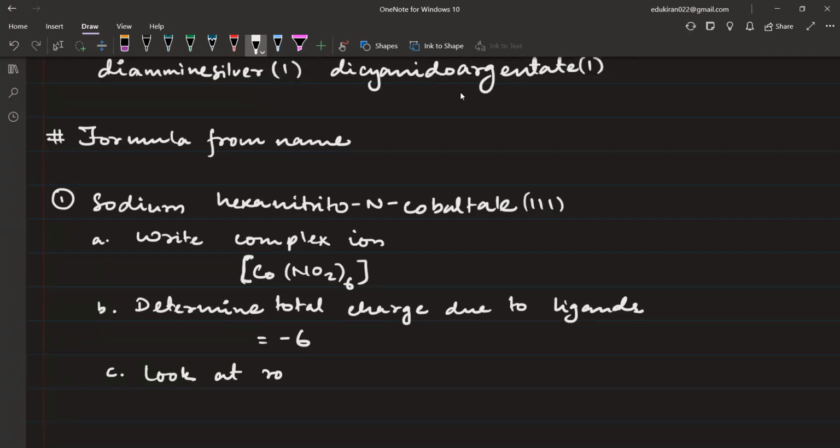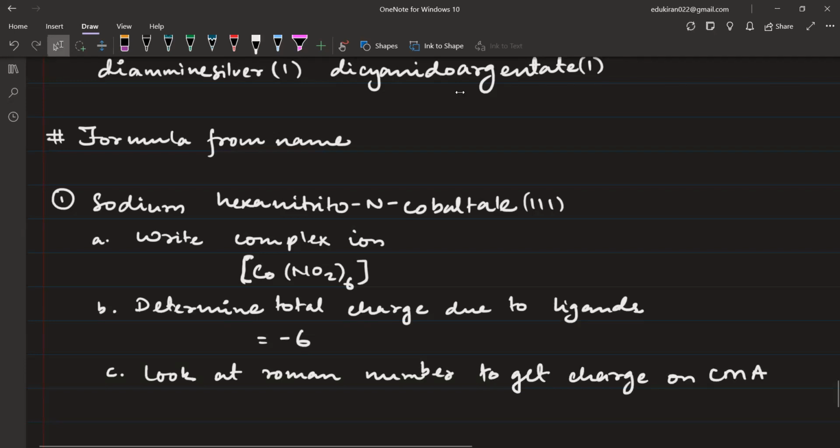Look at the Roman numeral to get the charge on the central metal atom.